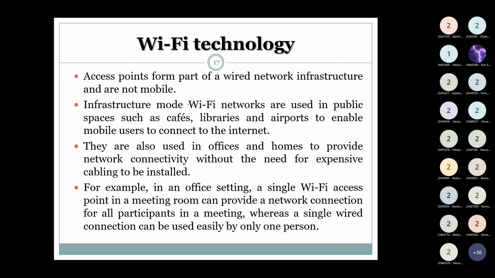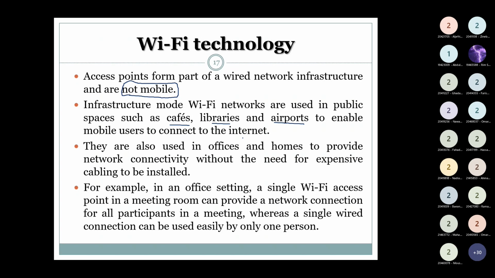So the access points now form part of a wired network infrastructure and are not mobile. It cannot be a mobile; it is a device destined to be an access point. The infrastructure mode Wi-Fi networks are used in public spaces such as cafes, libraries, and airports, to enable mobile users to connect to the internet.